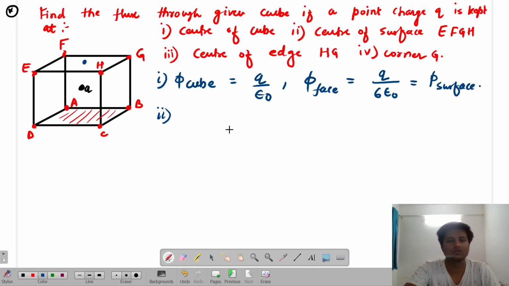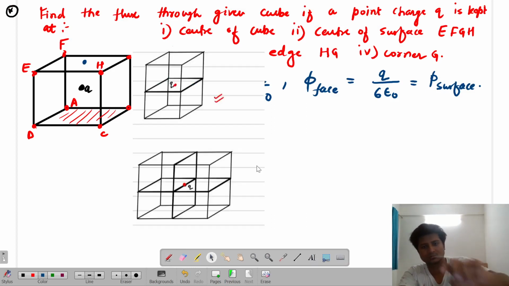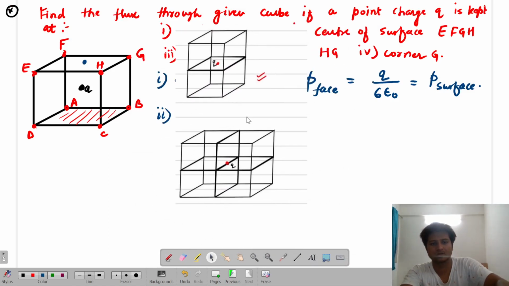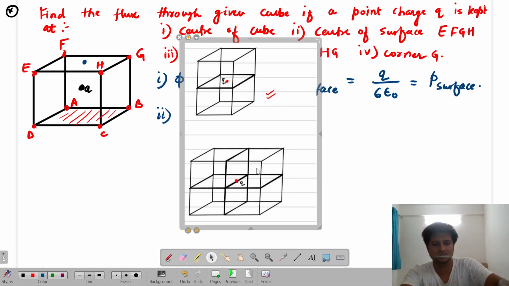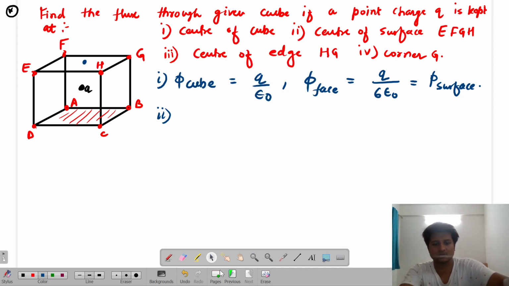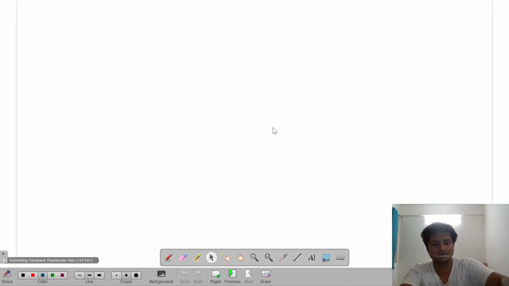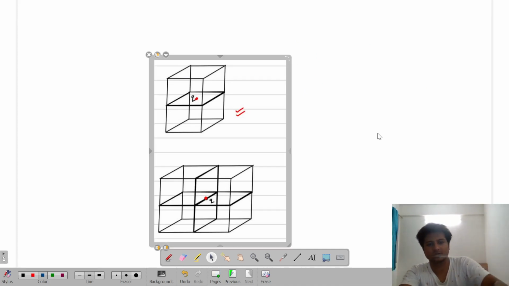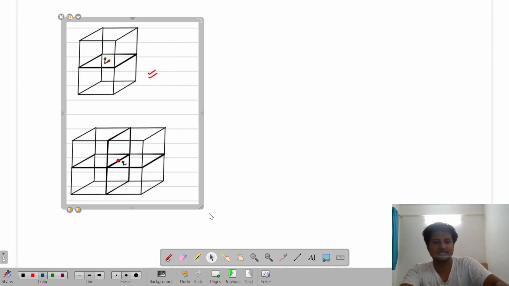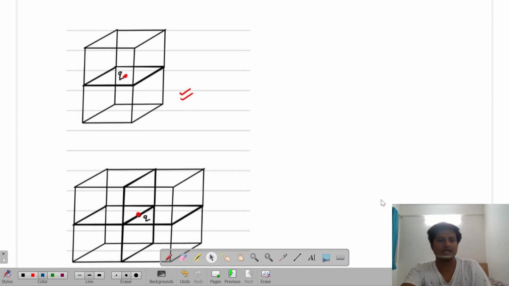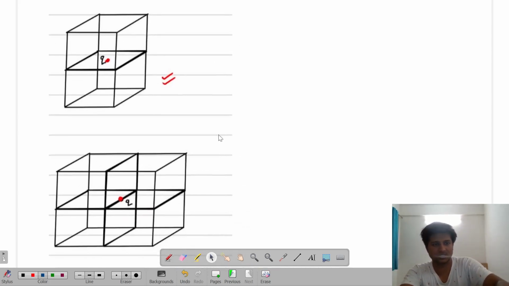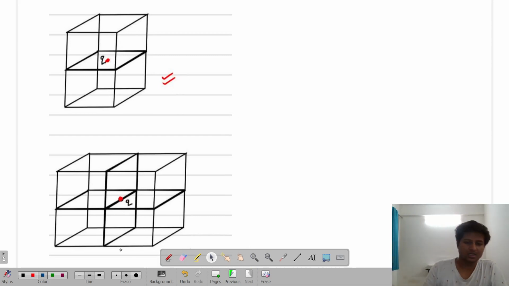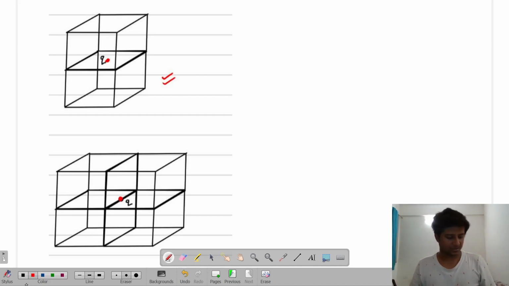Now see, think of this case as an example. If I am placing a charge on one of the faces, then some part of the charge will be inside the cube.